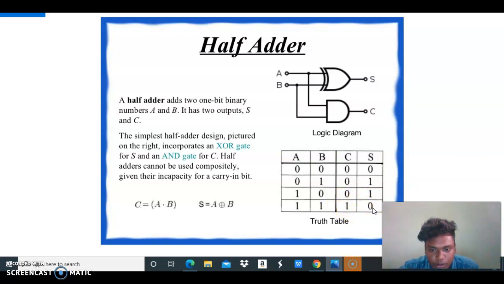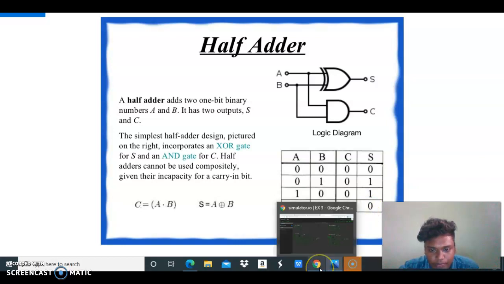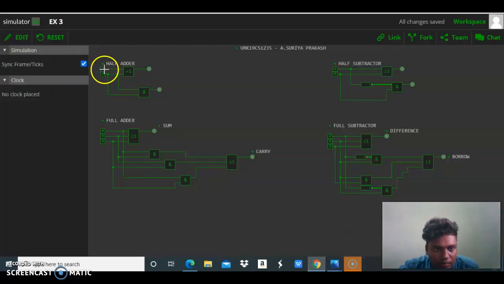Now we are going to see the output. 0 is 0, 1 1, 0 1, 1 0 1 is 0 and 1 1 is 1 0, 1 is 1.